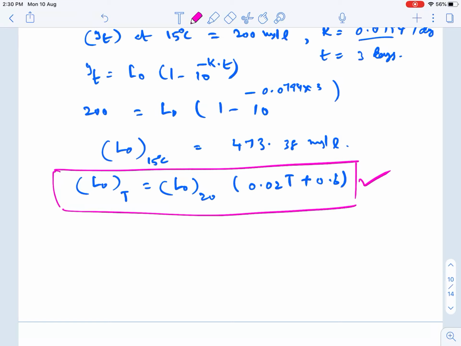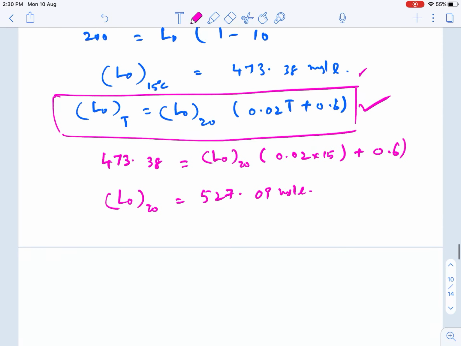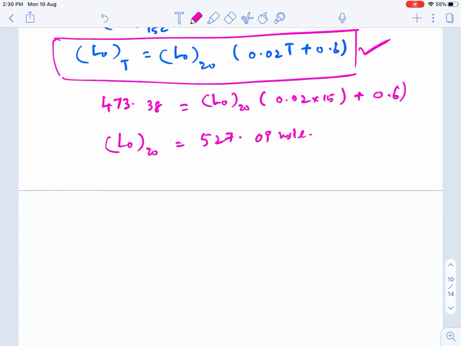What is that ultimate BOD we have at 15 degrees? 473.38 is equal to ultimate BOD at 20 into 0.02 into the temperature is 15 plus 0.6. So ultimate BOD at 20 degrees is equal to 527.09 milligrams per liter.